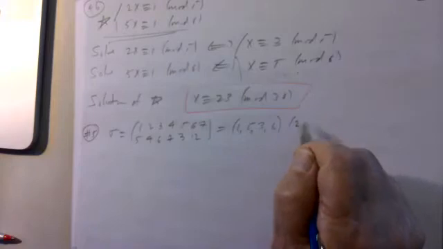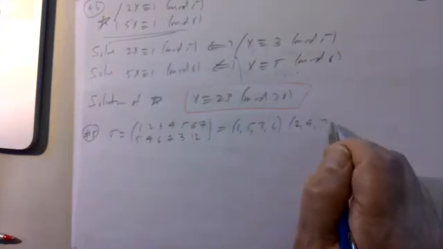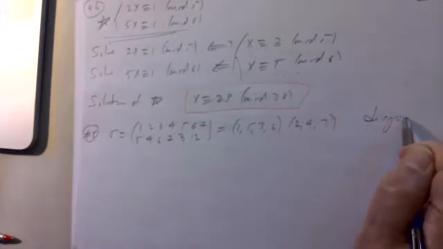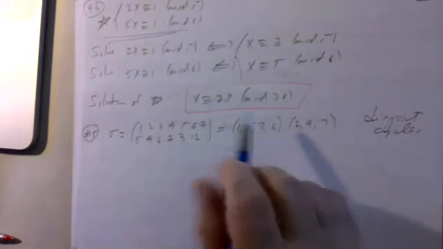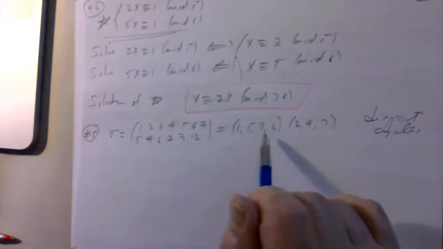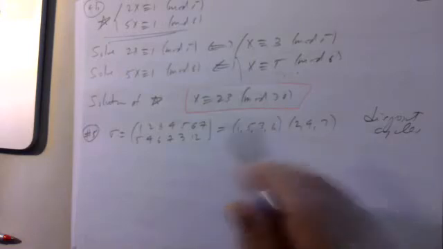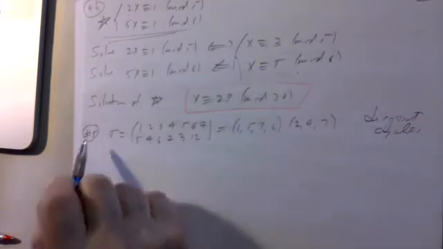And then 2 goes to 4, 4 goes to 7, 7 goes back to 2. So this is the unique representation of this permutation as a product of disjoint cycles. Disjoint cycles commute, so I could also have written it in the opposite order, but that's still unique.